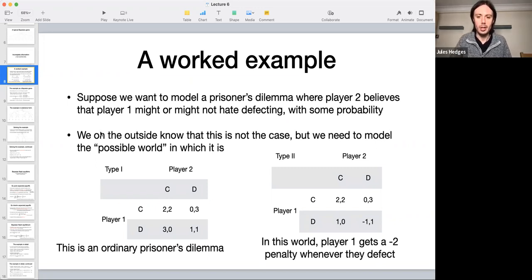So we're going to give player 1 two types, which are called type 1 and type 2. And player 2 is only going to have one type. They're going to be the ordinary prisoner's dilemma player no matter what.